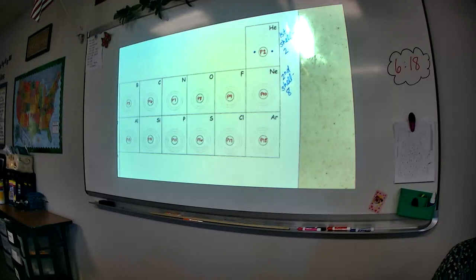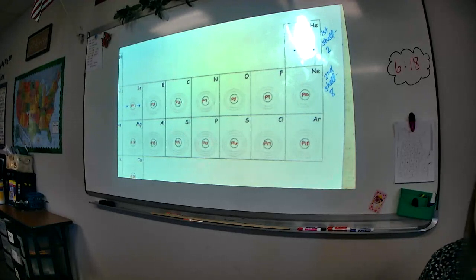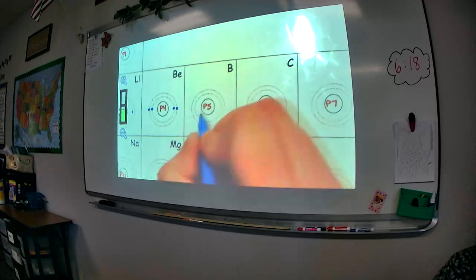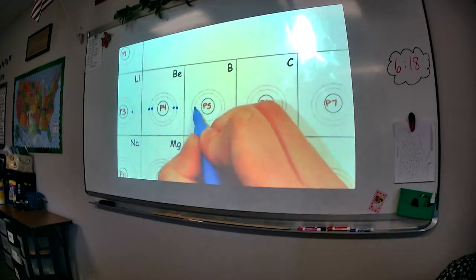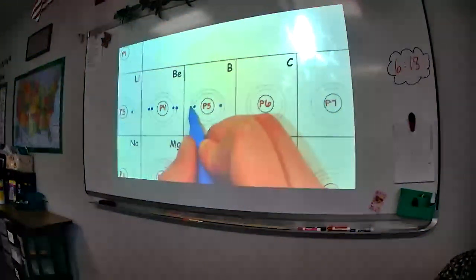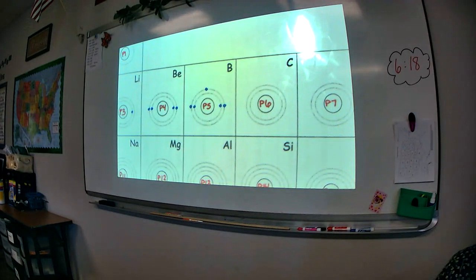So, let's go over here to boron. I know I'm zooming in and out a lot, but I'm trying to make it as clear as I can for the video. Here's boron. We need 5 total. So, we have 1, 2 in the first, and then 3, 4, 5 in the second.